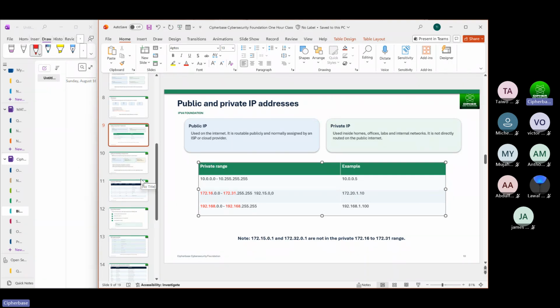If they give you something like that, you have to know public IP and private IP. You have to know how to configure your subnets, how to assign manually, how to convert from binary to decimal, and many more. So for that, we want to talk about that now. So now the next thing that we have here.